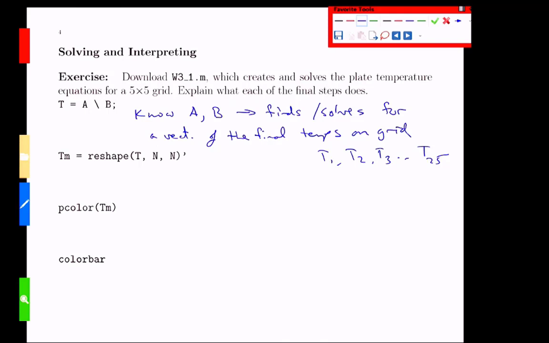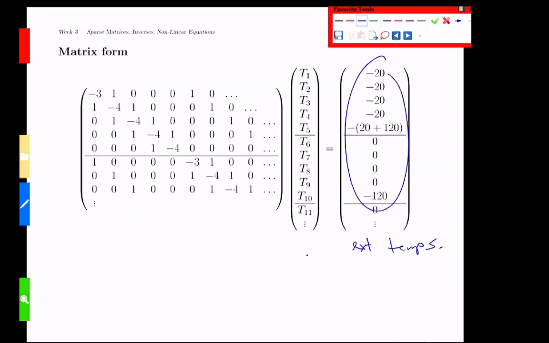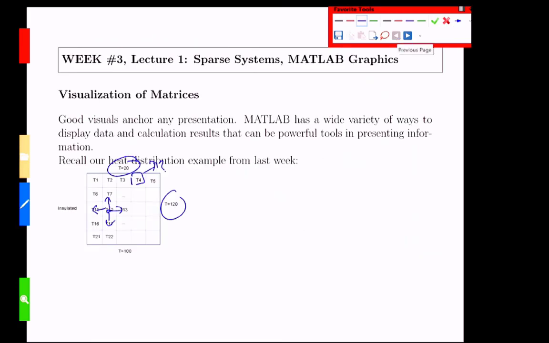There's another command that we saw last class, which is the reshape. What did that do for us? Yeah, at the back. It converts it to a matrix, exactly. Remember, going back one page, this T is going to be 25 numbers just in a big long list. So that's great, but it's not the way we're imagining it, because again, we go back to the picture. I'm imagining this as T1, 2, 3, 4, 5 in a row, then T6, 7, 8, 9, 10 in a row, but that's not the way I'm getting it back.